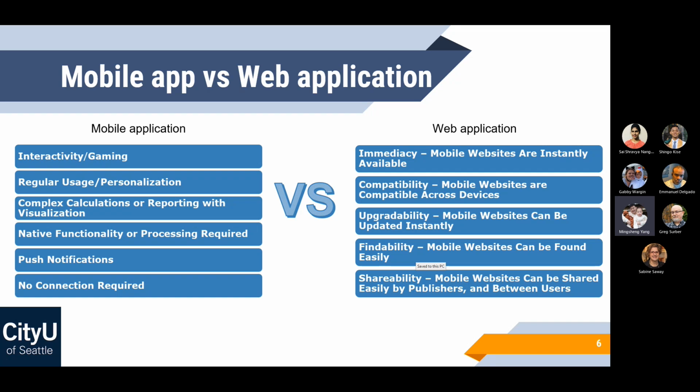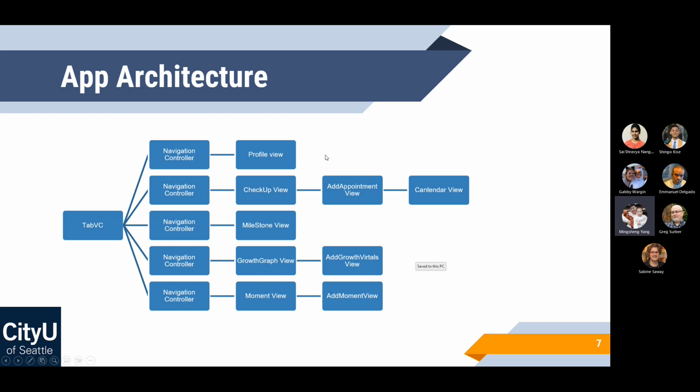And let's talk about the application architecture. Most apps use the design pattern of the combination of the tab bar and the navigation controller, which is also a very classic framework design pattern for iOS. Each interface has its own navigation controller, and the interface jumps also have their own stack.